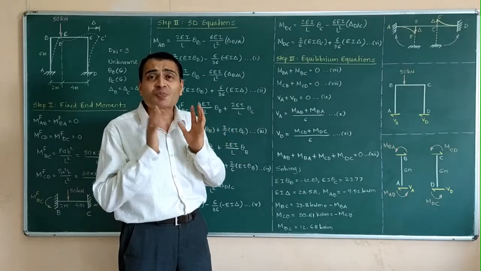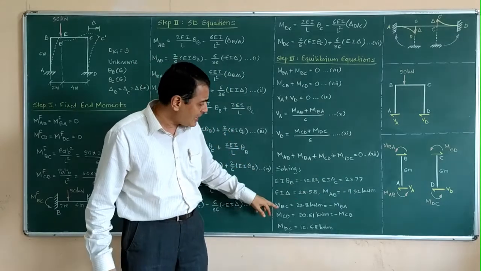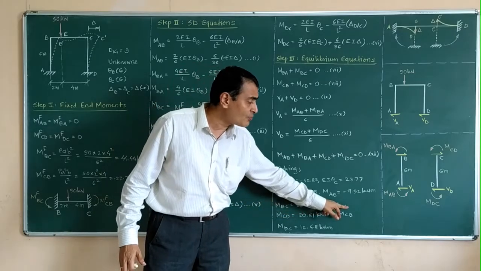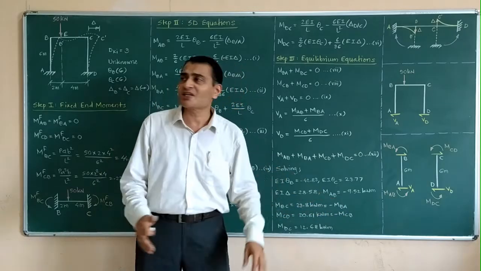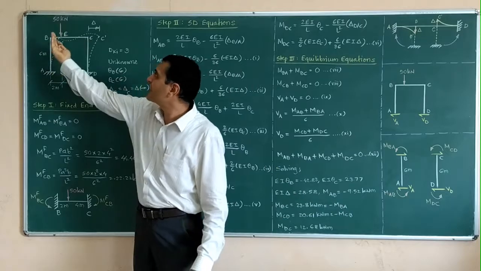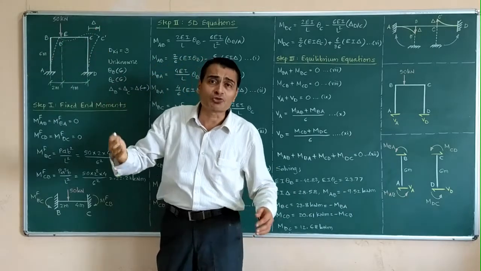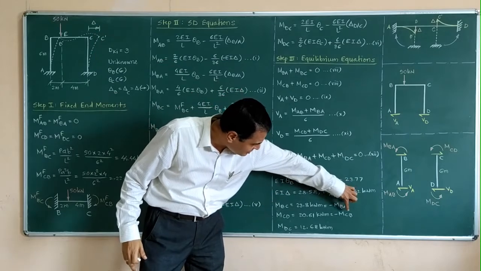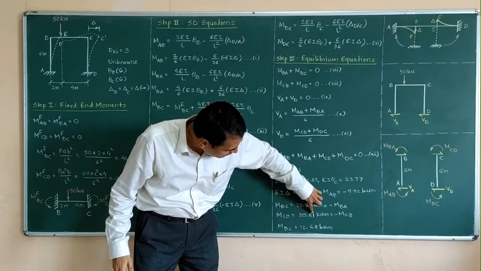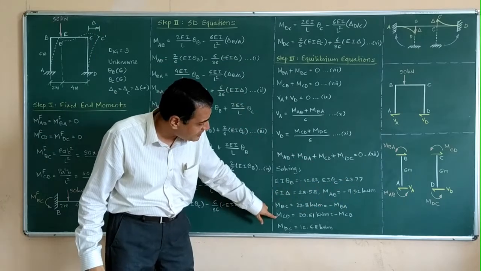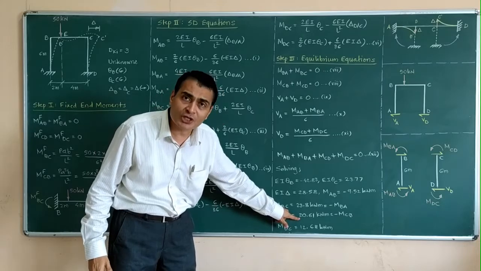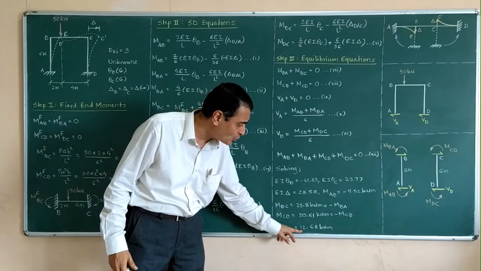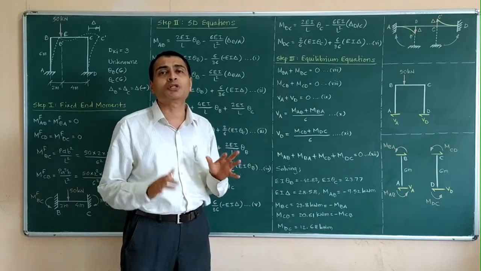Just to save the space in presentation, I am writing BC positive and that is negative of M of BA, and that is what we expect, that BA moment and BC moment should be equal and opposite. Similarly, you will get M of CB as negative 20.61, which will be same as M of CD but with positive value, and finally you will get M of DC equal to 12.68 kilonewton meters.